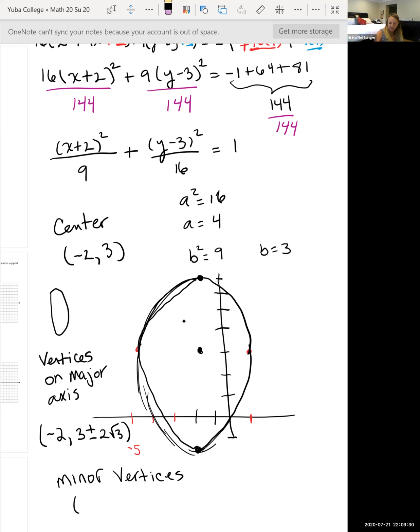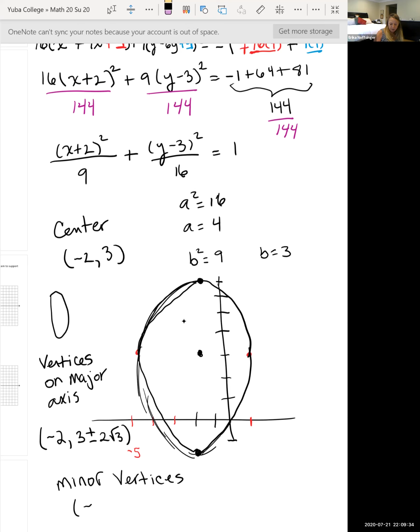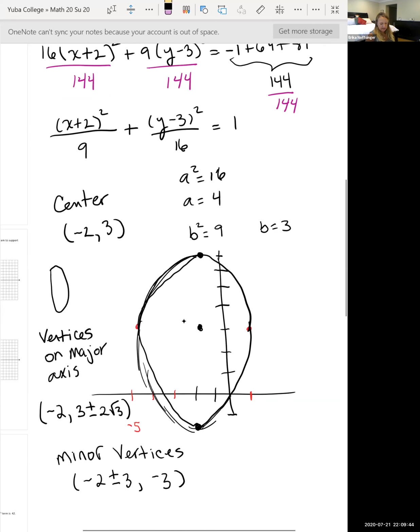Our x value was negative 2, and we added and subtracted our b value, which was 3. Our y value stayed the same. Back here, I fix it. This was plus or minus 4. So technically I could write those points, but you got the idea.